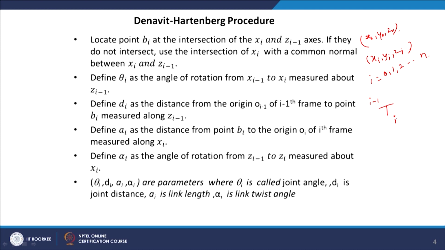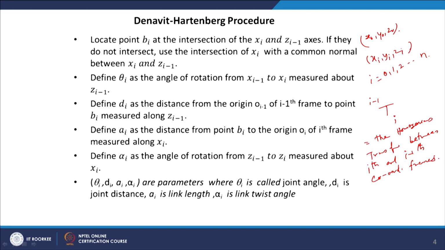So, I minus 1 Ti, it represents the homogeneous transformation between ith and I minus 1th coordinate frames.